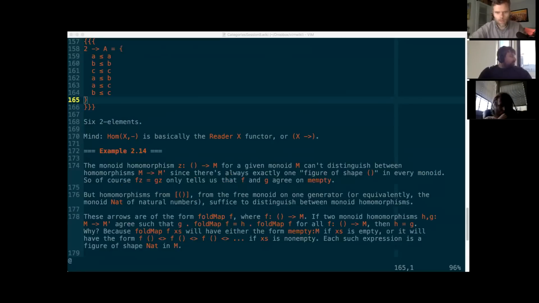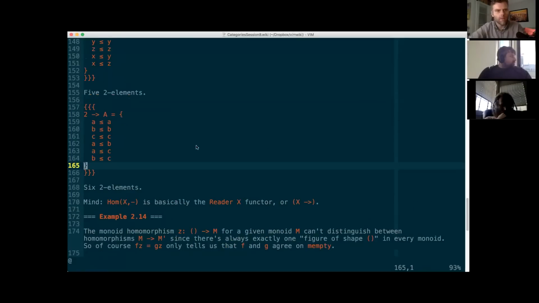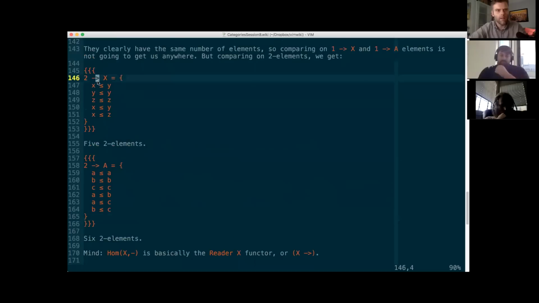So we can think of such elements geometrically as figures of shape T in A. Just as an arrow from 2 to P in posets is a figure of shape P less than or equal to P prime in P, as we have already seen. We have seen here that figures of shape 2 or shape Boolean in this set X are these elements, and in A are these elements.